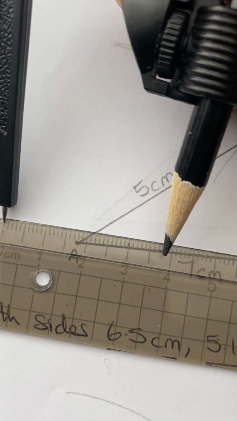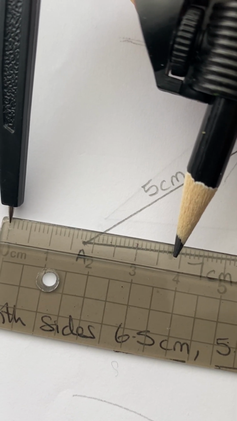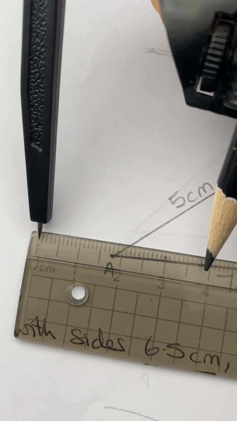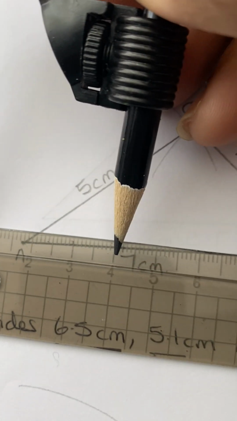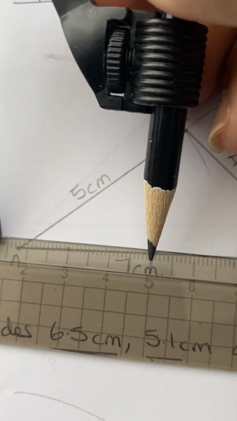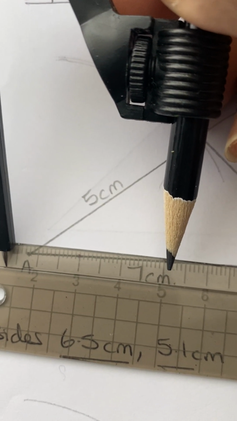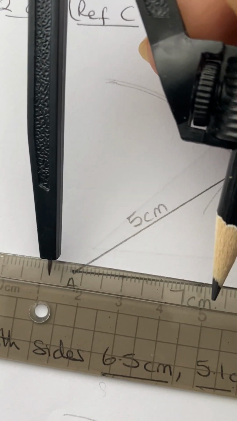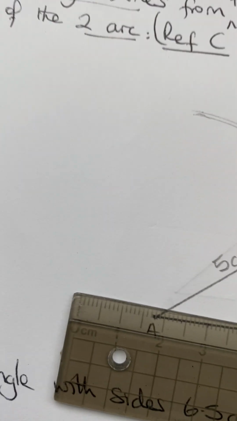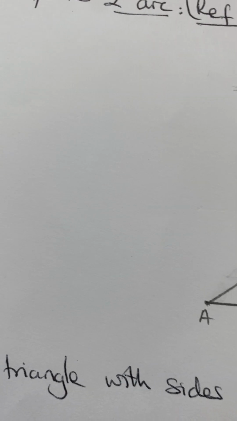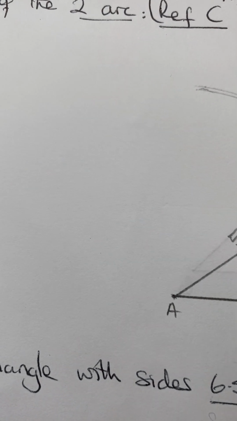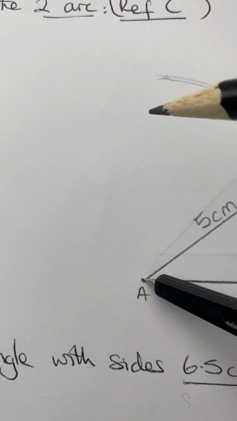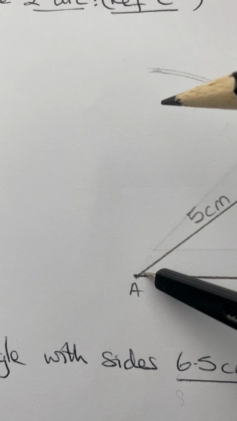I've done a lot of measurements, so I don't want to change it. That is 0, and 5 centimeters will be somewhere here. So I'll extend the compass exactly from 0 to 5 centimeters. Now with my first reference point A, where the 0 mark is, I'm going to draw an arc.